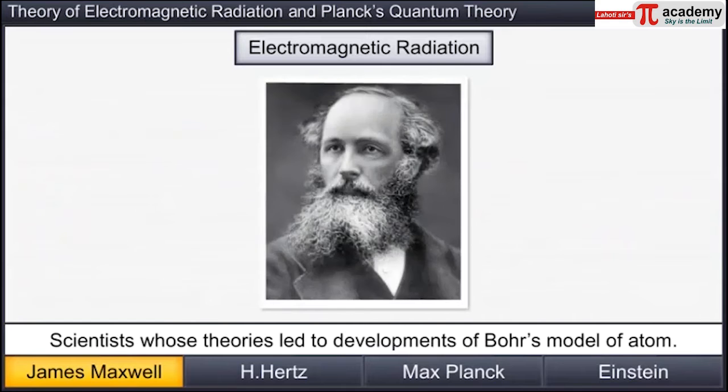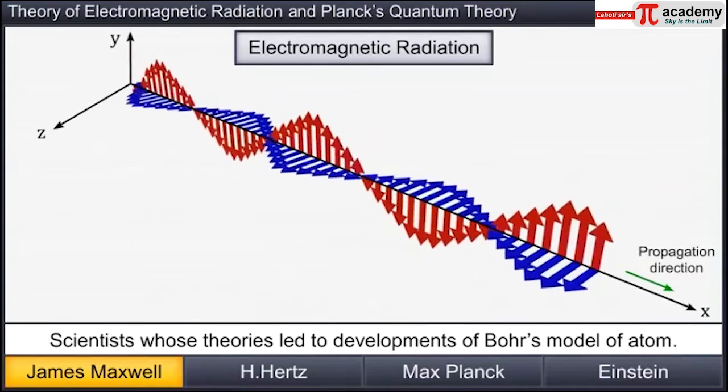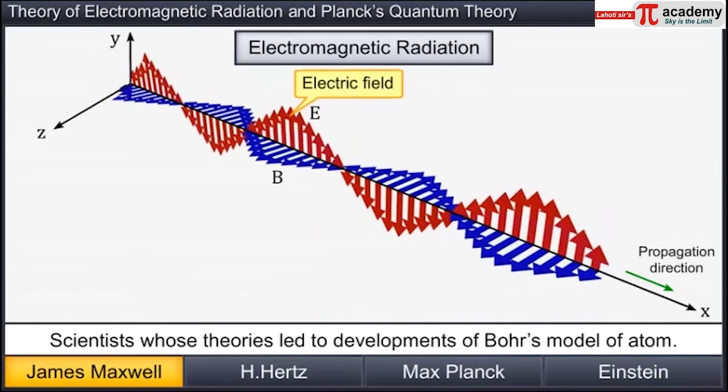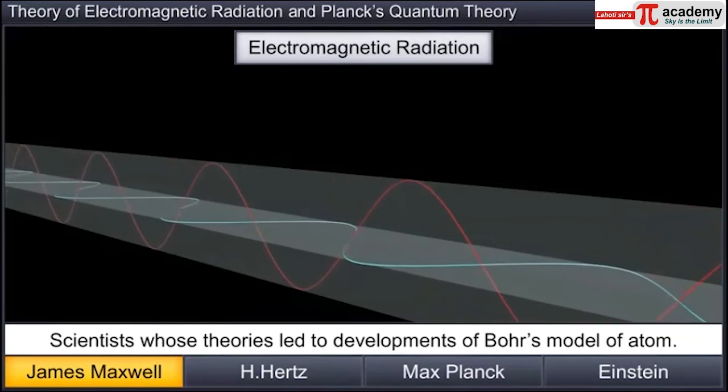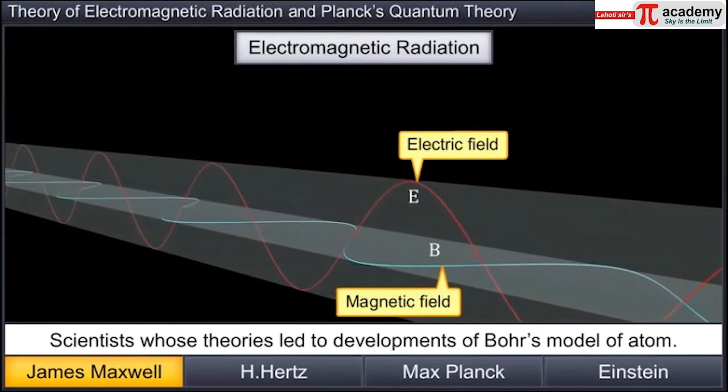This was suggested by James Maxwell. Note that the name electromagnetic radiations is attributed to the waves that consist of oscillating electrical and magnetic properties. An electromagnetic wave can be represented as shown.